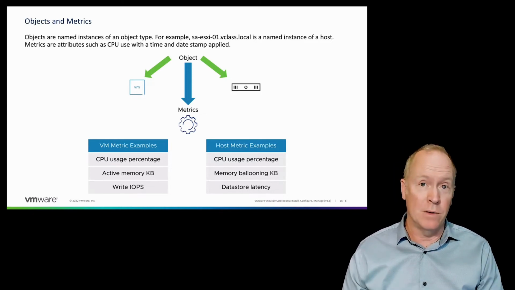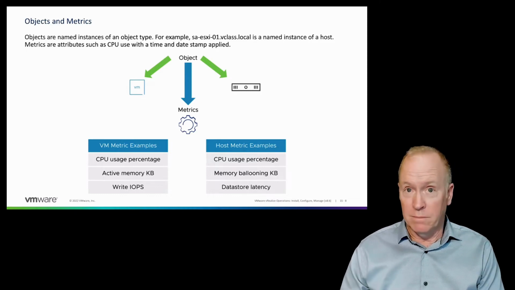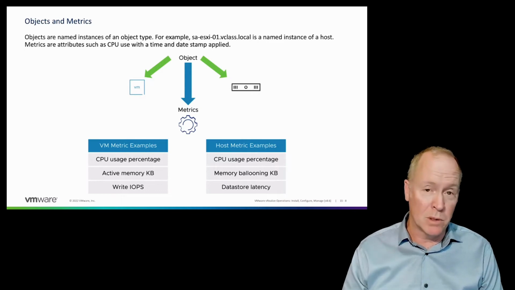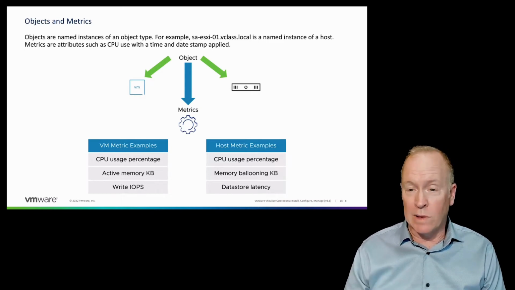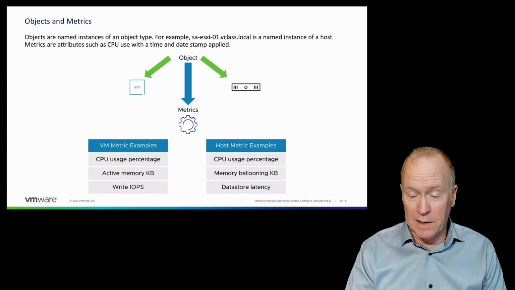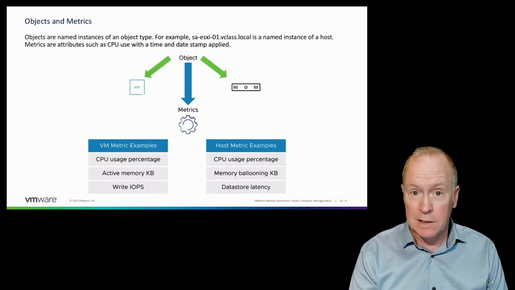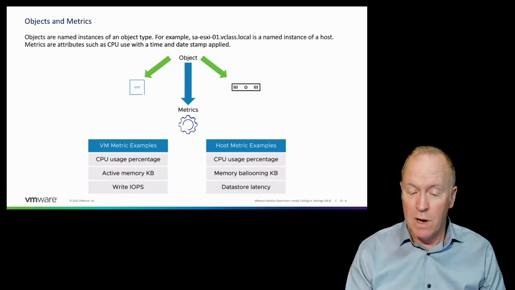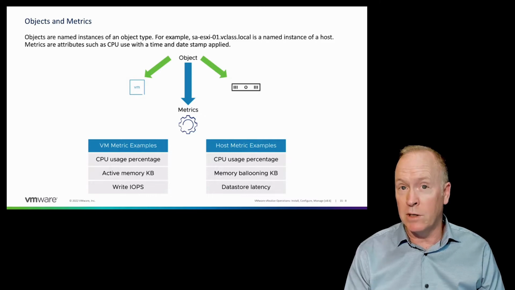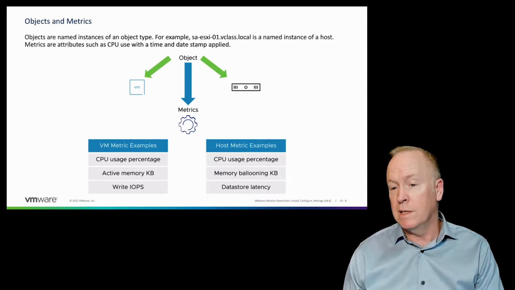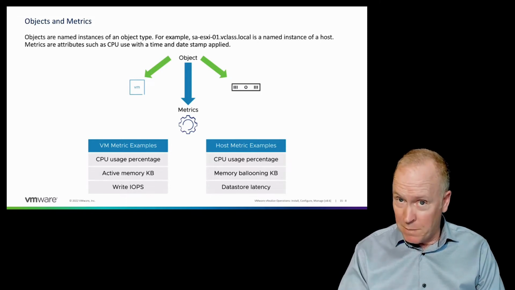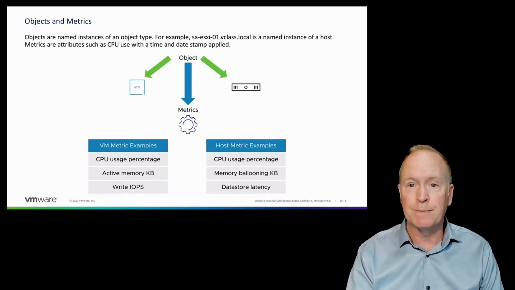For the object type called host system, we have its own metrics: again, CPU usage percentage, memory ballooning, and datastore latency. Do notice, by the way, sometimes different types of objects have a metric with the same name. So don't confuse, for example, the VM CPU usage percentage with the host CPU usage percentage. Same name, but those are different metrics on two different objects.